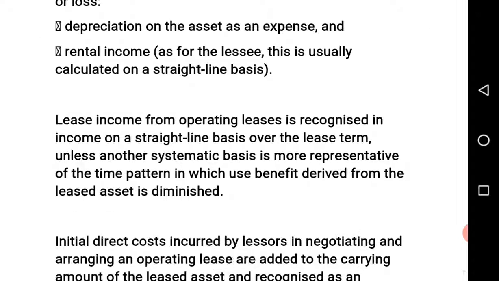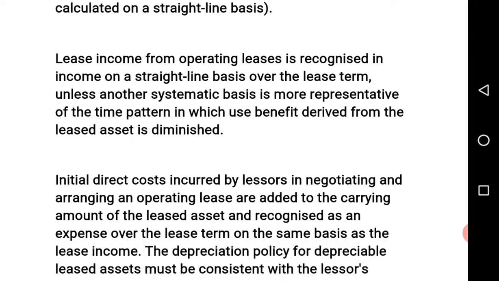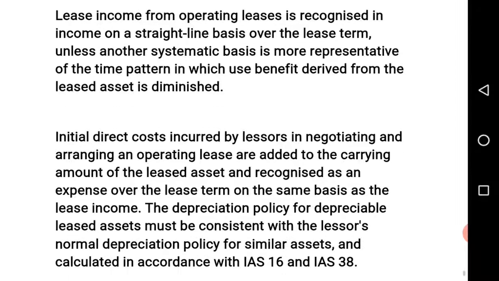Lease income from operating leases is recognized in income on a straight line basis over the lease term unless another systematic basis is more representative of the time pattern in which the use benefit derived from the leased asset is diminished.